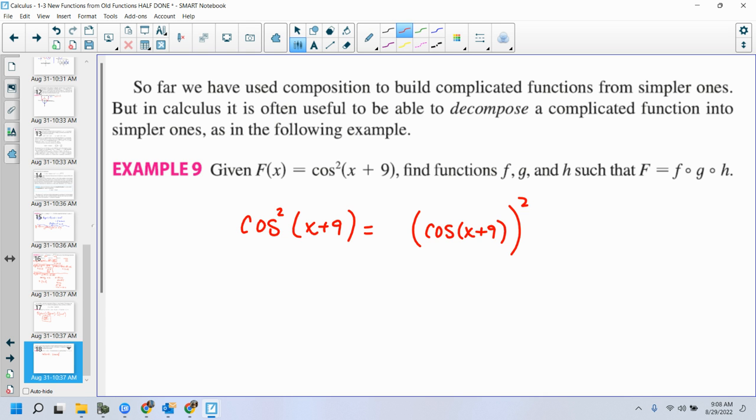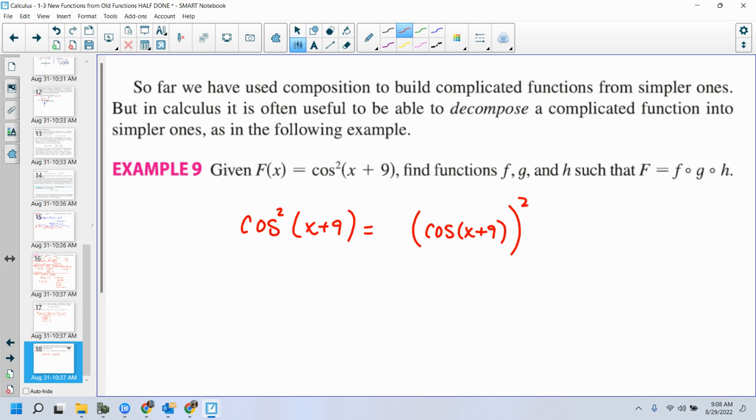The reason we do that notation is so that we don't get sloppy and write it another way, because what does that imply? That implies squaring the x plus 9, which is not algebraically correct. But I'm going to put it back to this because that's going to help us decompose it.